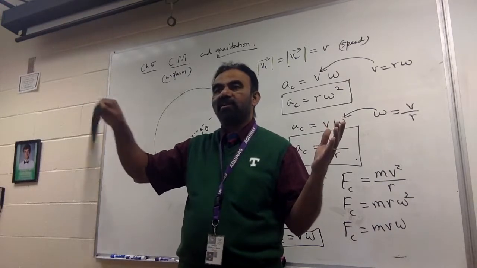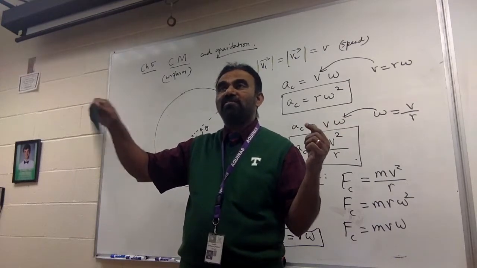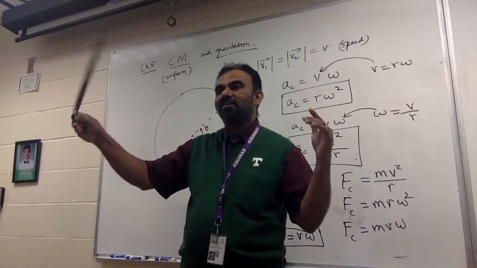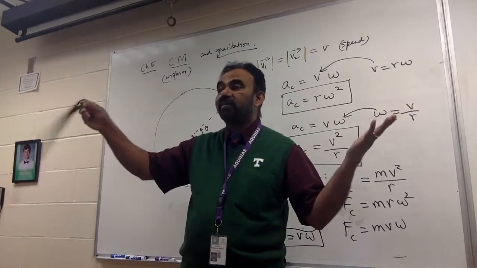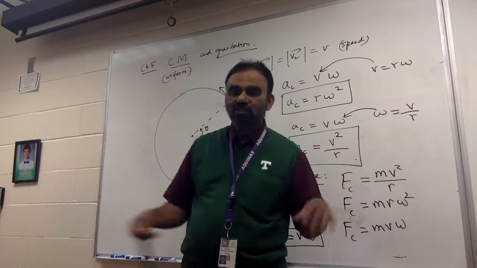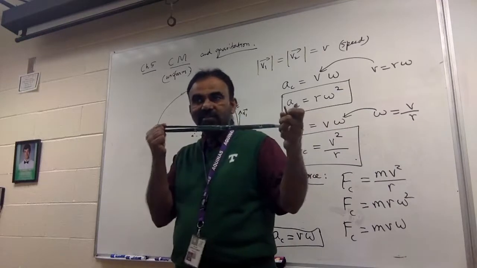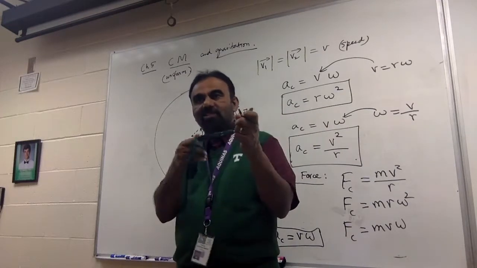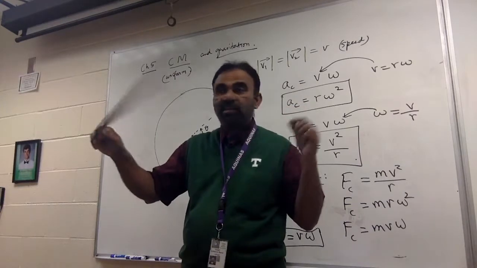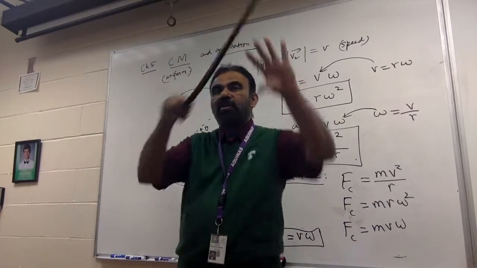What is changing the velocity direction of this key continuously? Tension. So there is a force pulling it along this direction. Which way? Towards the center. And that force is a necessary force for this to keep going round and round.